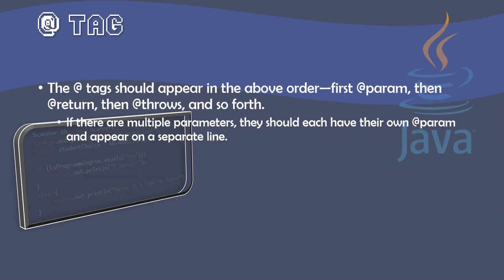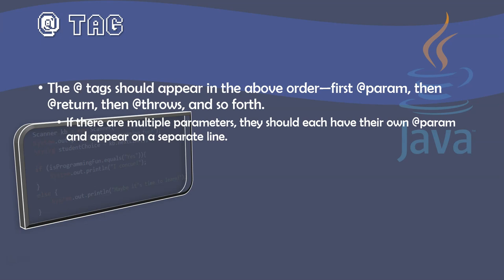Now, the @ tags should appear in the order above that we just saw. So if you're using that set of tags, which again are the most common ones that you're probably going to run into, the first @param, then @return, then @throws, and so forth should be the order in which they appear in your documentation. For example, if you have multiple parameters, they should each have their own @param line and appear on separate lines. So let's say we had a function that's going to pull in 3 parameters.